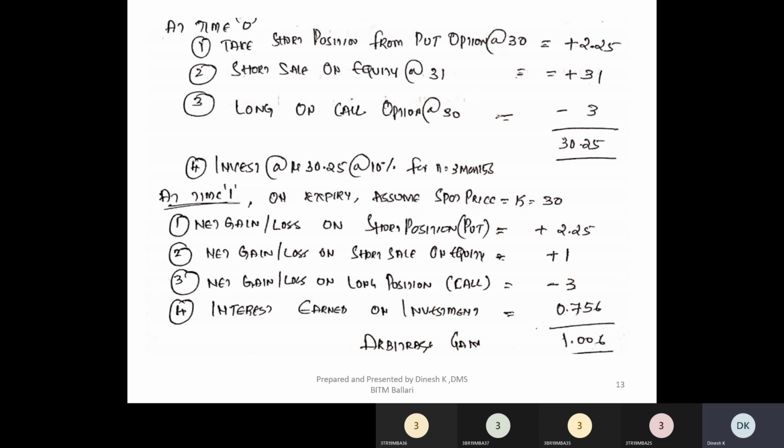So the total is 31 plus 2.25, which is 33.25. 33.25 minus 3 comes out to 30.25. So you receive 33.25 rupees by taking short on a put option and short sale on equity. From this cash, you pay rupees 3, so the leftover cash with you is 30.25 rupees.